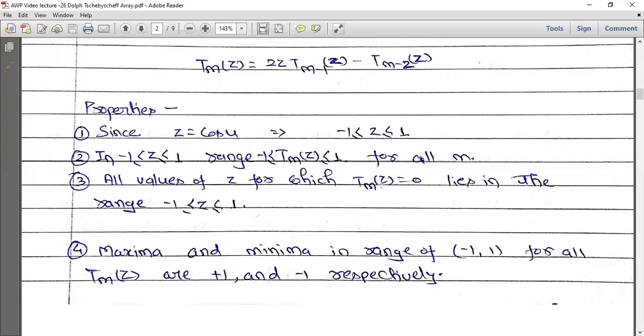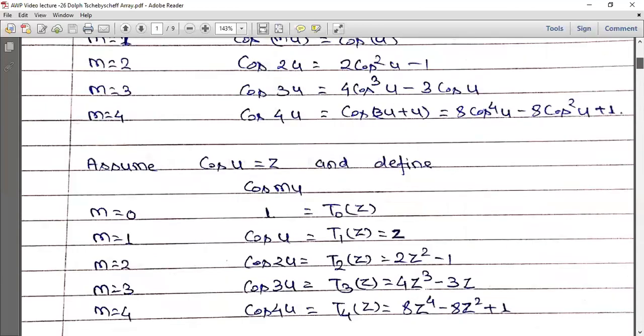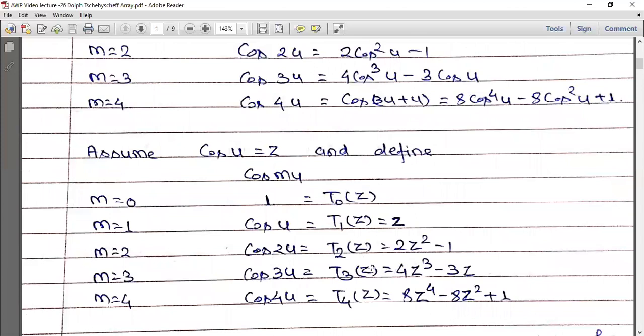And when you substitute any value between -1 and 1 in these Chebyshev polynomials, the result will always lie within the same range. If you vary z from -1 to 1 in T2z, the magnitude of T2z will also lie between -1 and 1. Why? Because T2z is actually representing cos 2u. T2z is equal to 2 cos square u minus 1, which is actually cos 2u, and cos u is replaced by z.